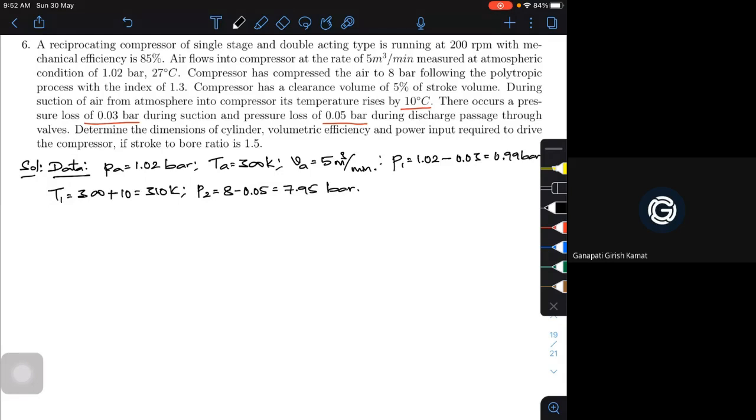With this I have written the values of P atmosphere, P1, P2, T1, T2, everything. Now my data is fine, and I need to calculate the other factors.